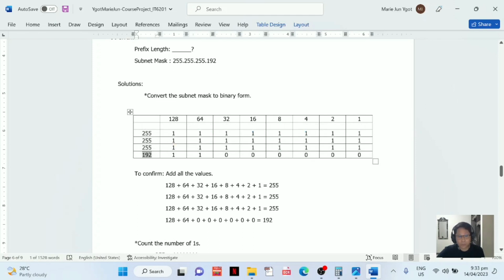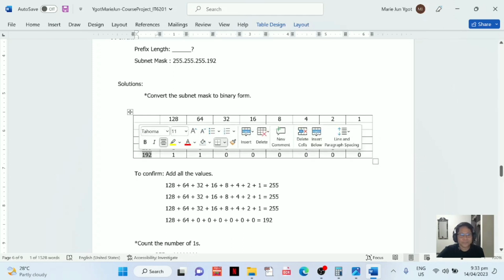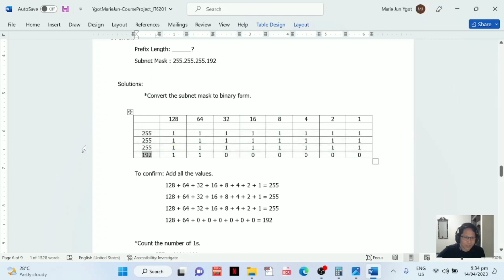So we're going to solve this one. Can we use 128 to add up in order to get 192? Yes. So that's why we have a 1 here. So can we still add 64 in order to get 192? Yes, we can still add 64. That's why we put 1 here, because it's a yes.